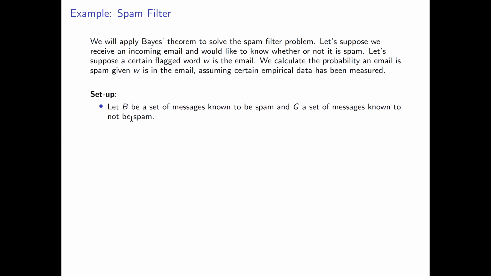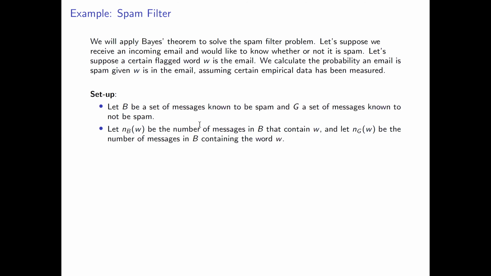We'll assume that these sets have been given to us, maybe through several years of measuring and collecting data on the internet. B would be for bad messages and G is for good messages. Given these two collections and our fixed word W, we let n sub B of W be the number of messages in B that contain W. This is like the frequency of spam messages in which W appeared.